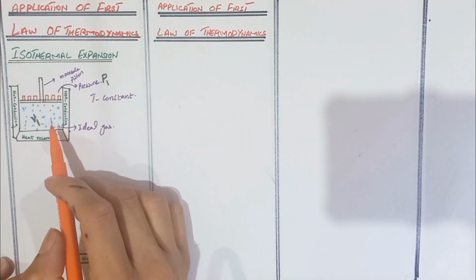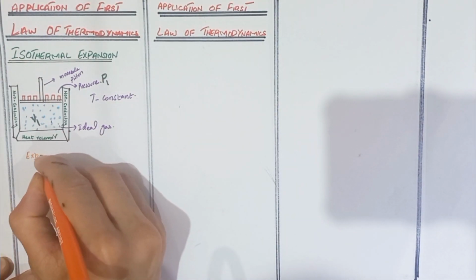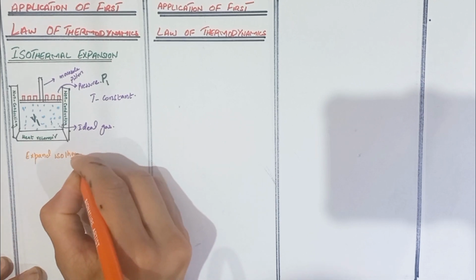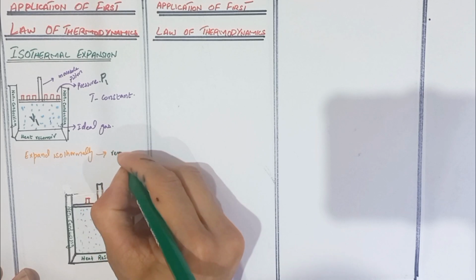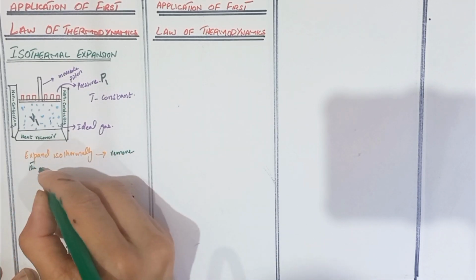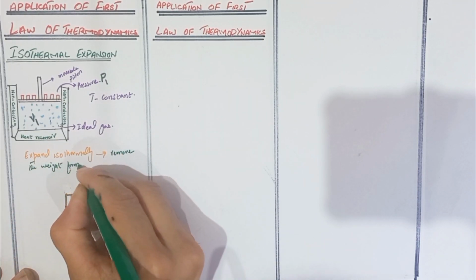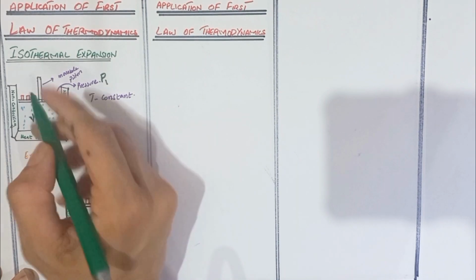Now the gas in the container expands isothermally when we remove the weight from the piston. Here we kept some weight on the piston that applies pressure on the gas.